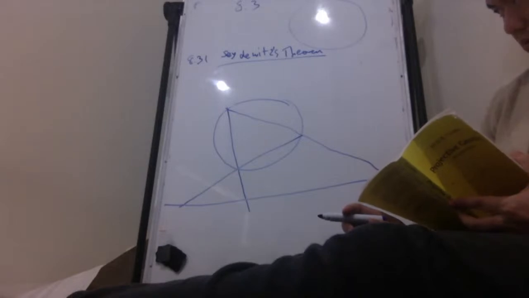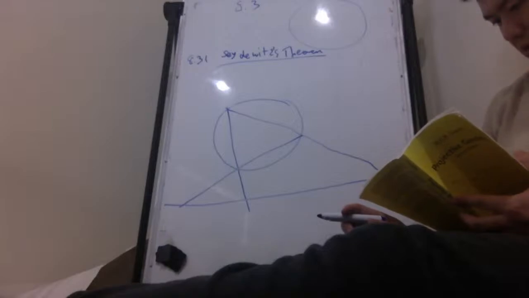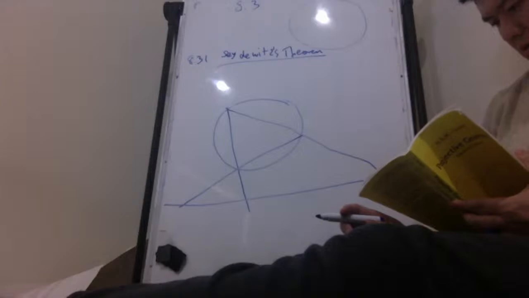Any line conjugate to one side meets the other two sides in conjugate points. Okay, maybe this is a good diagram after all.